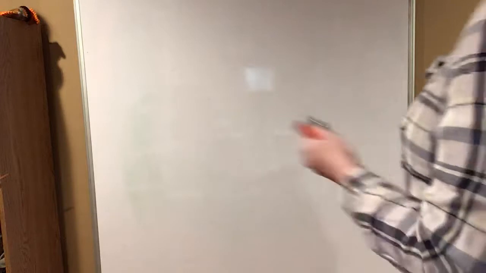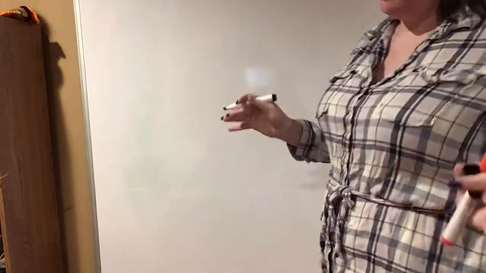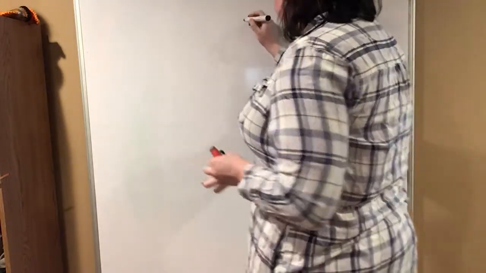Let's see what else is in my book. What about if we're given a table and they want us to find the intercepts using a table? This is so quick and easy, I promise.